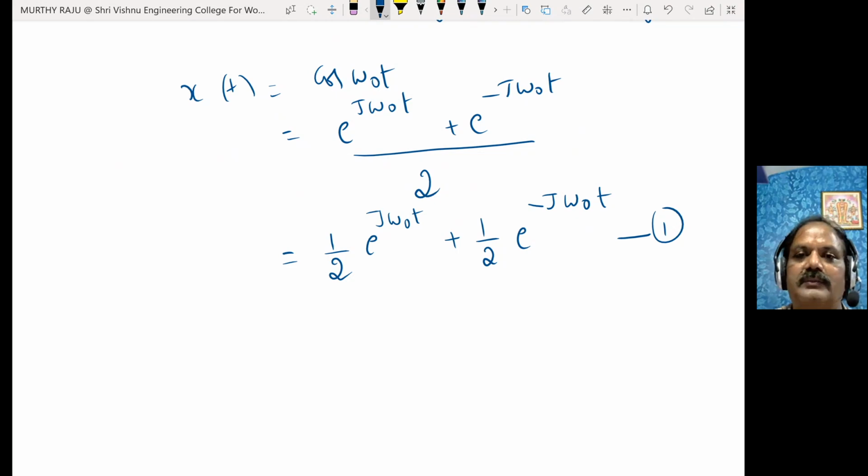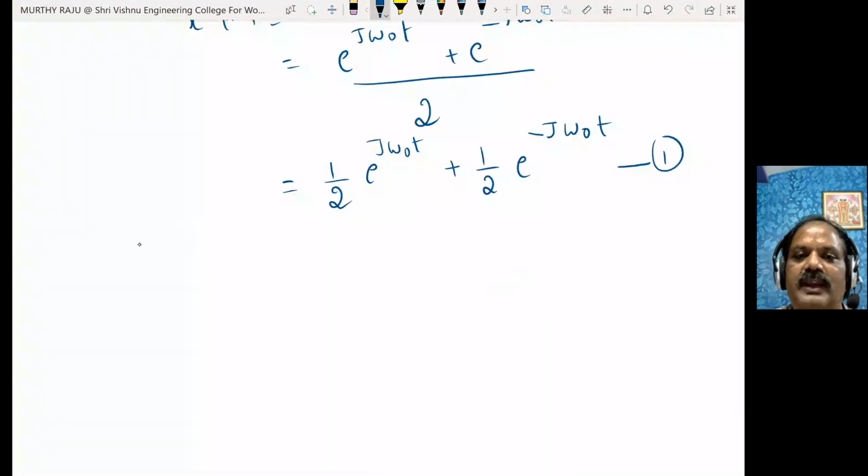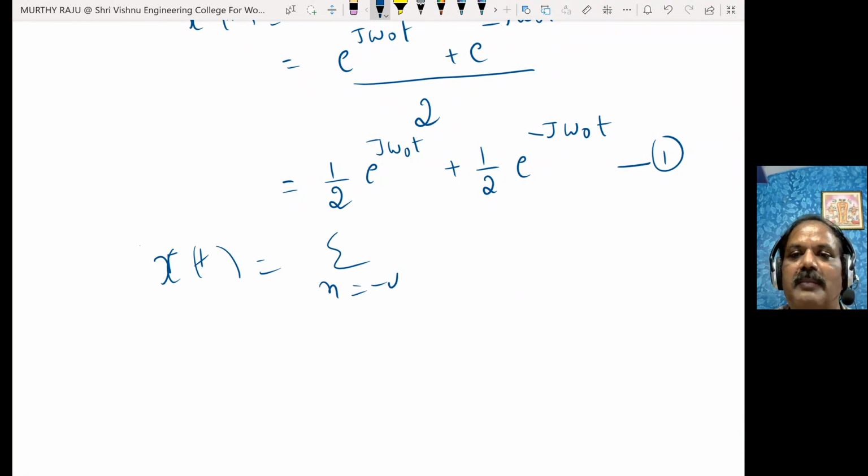Now, Fourier series is used to represent periodic signals. Complex exponential Fourier series of x of t, that is x of t is equal to sigma n is equal to minus infinity to plus infinity Cn e power j n omega naught t.